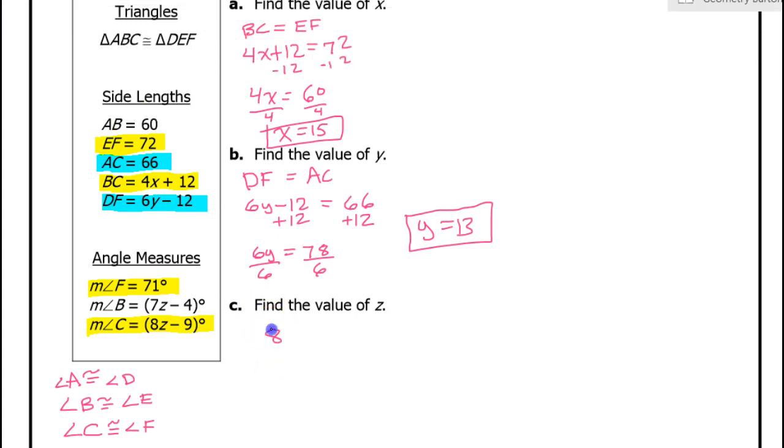So that tells me that 8z minus 9 is going to equal 71. If I add 9 on both sides, that's going to give me 8z is equal to 80. And dividing both sides by 8, we see that z is equal to 10.